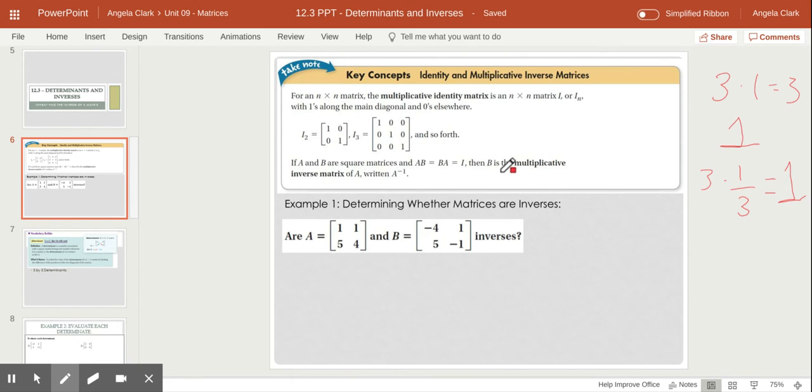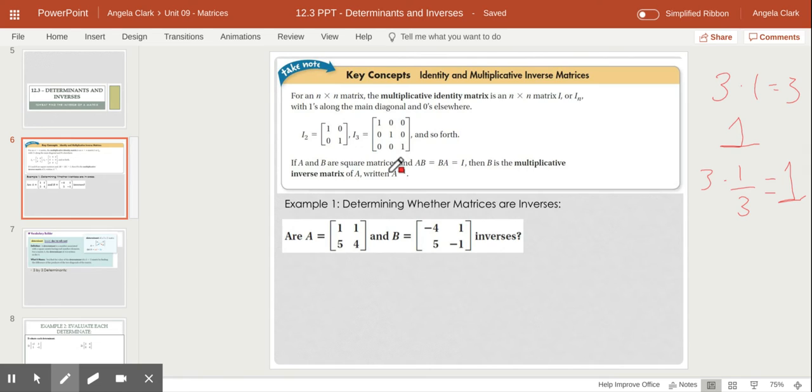And B will be the multiplicative inverse of A. So if when you multiply two matrices together in either direction, you get the identity, then those two are inverses of each other. So B is the inverse of A. And remember that we just use the exponent -1 symbol to call this an inverse.